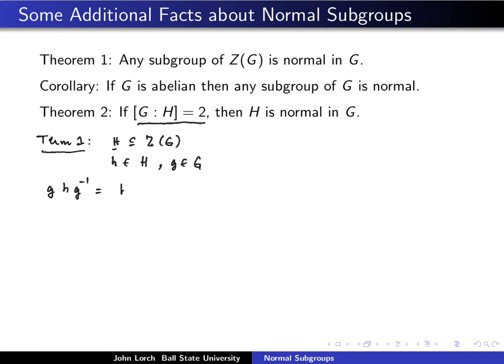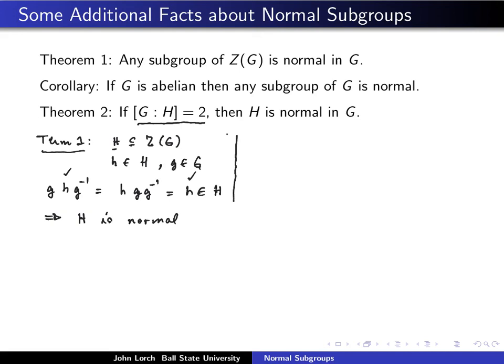And so I can write this as h times g g inverse, which is equal to h, which is in capital H again, right? And so that implies that H is normal. Because if we take the conjugate of anything in capital H, we wind up again with something in capital H.